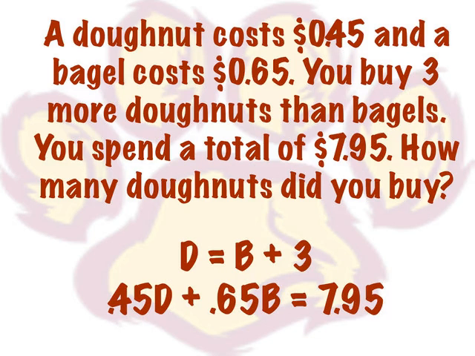Your two equations should be D equals B plus 3 and 45 cents D plus 65 cents B equals $7.95. Continue on trying to solve to find out how many donuts you bought.